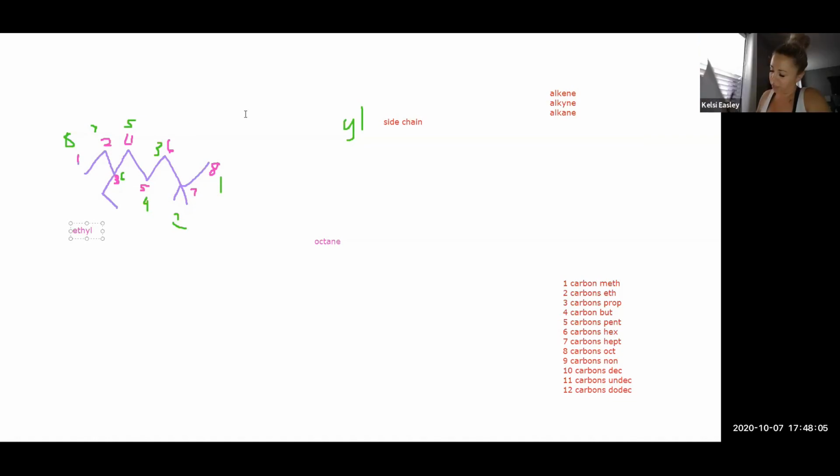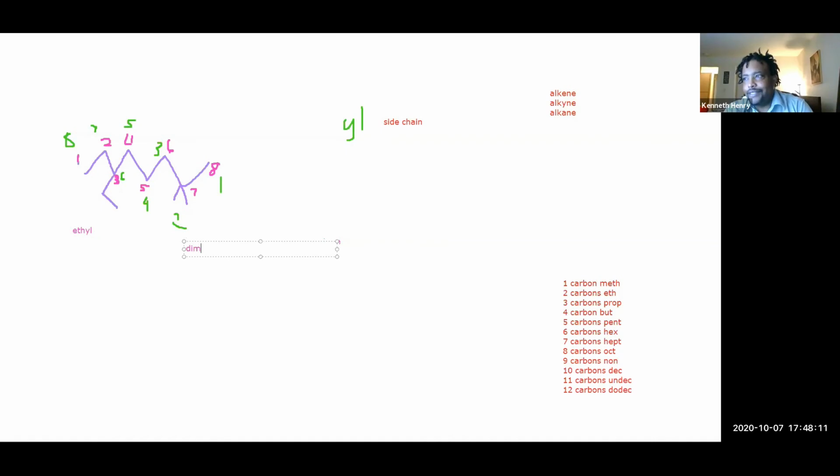You have dimethyl. The other one's ethyl because it's attached, connected, with 2 carbons there. This one only has 1 and 1. They're separate from each other.